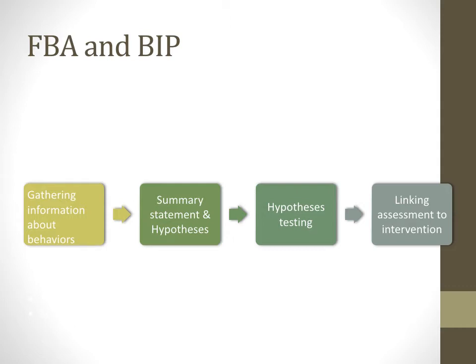It's called hypothesis, right? So you will come up with a hypothesis, and then you have to test to see if your hypothesis is true. And then that information will be linked to the intervention plan. It's called BIP. So that's the things we are going to talk about today.